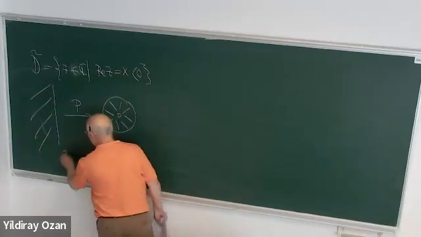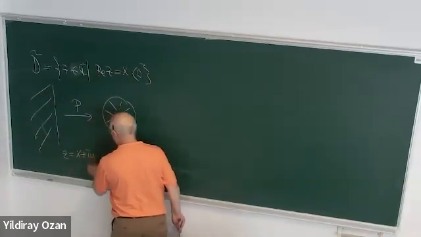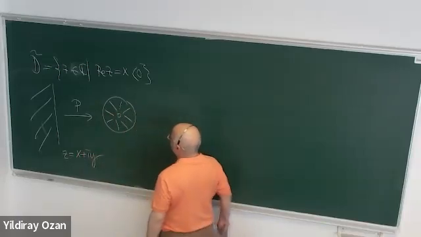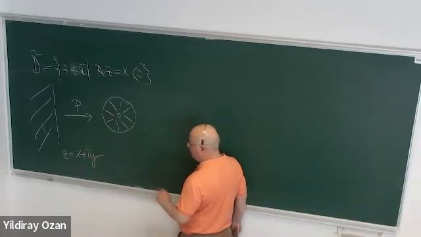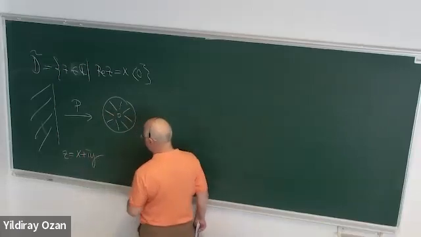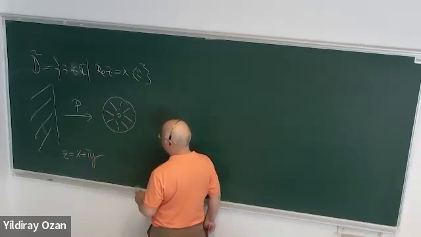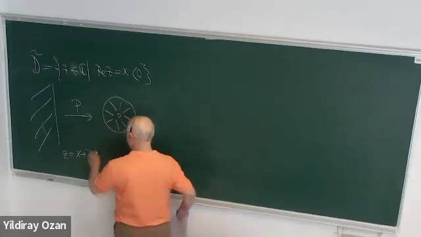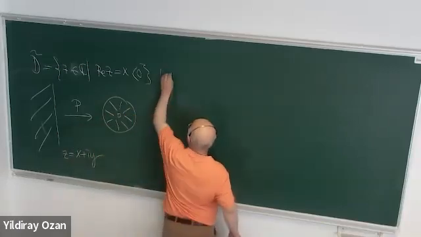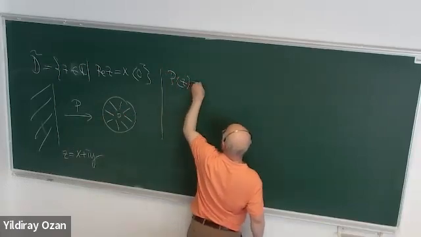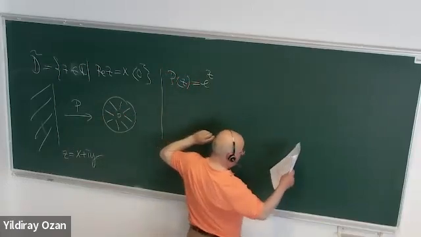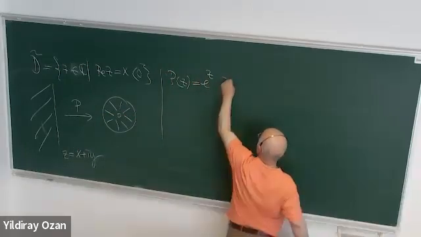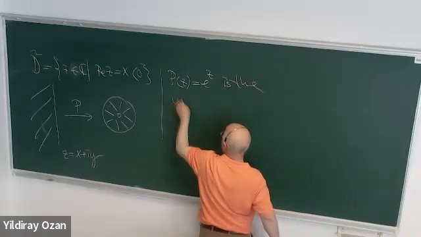Here I just take Z like this. This map P of Z is e to the power Z, is the universal cover.